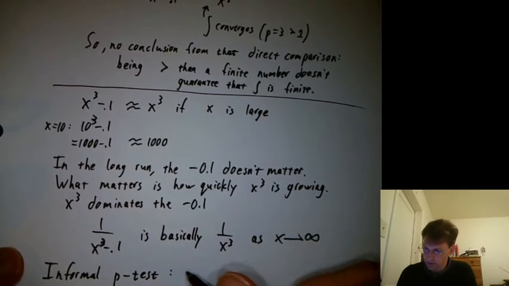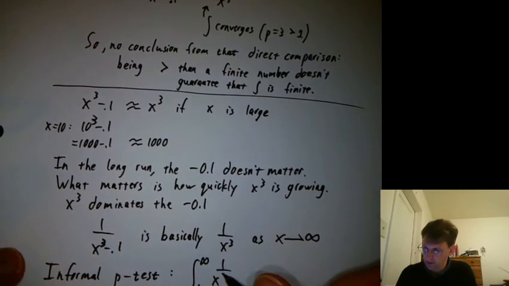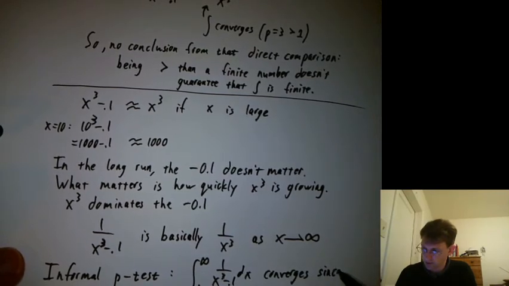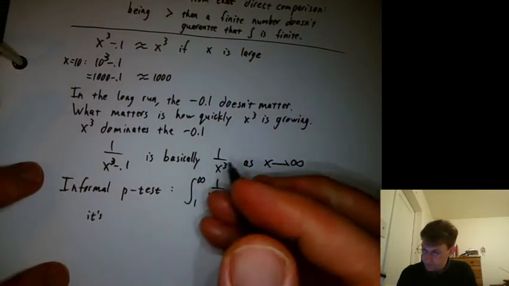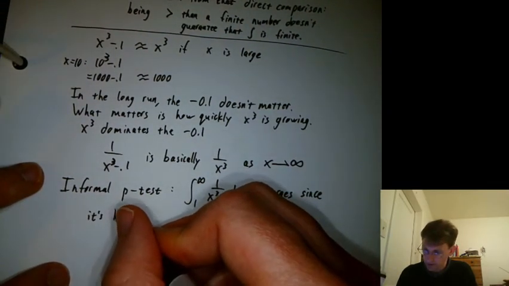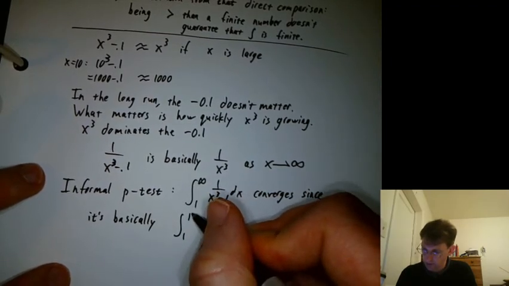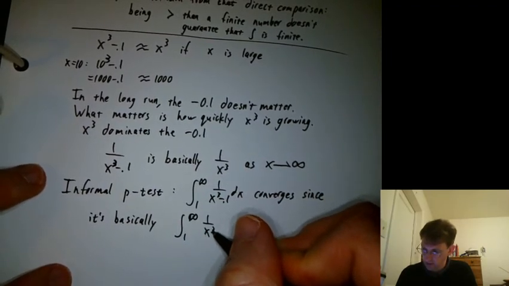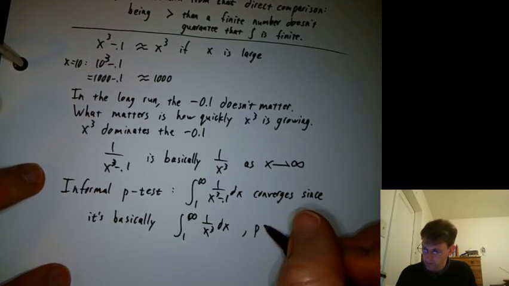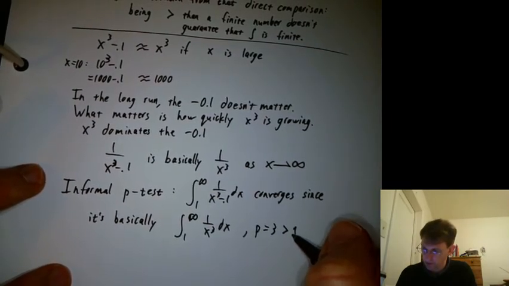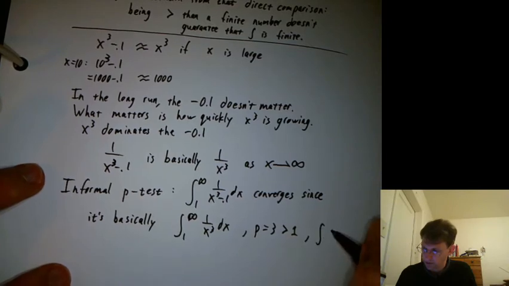I'd say the integral from 1 to infinity of 1 over x cubed minus 0.1 converges, since the integral is basically the integral from 1 to infinity of 1 over x cubed dx, which has p equals 3, which is bigger than 1, so the integral converges.